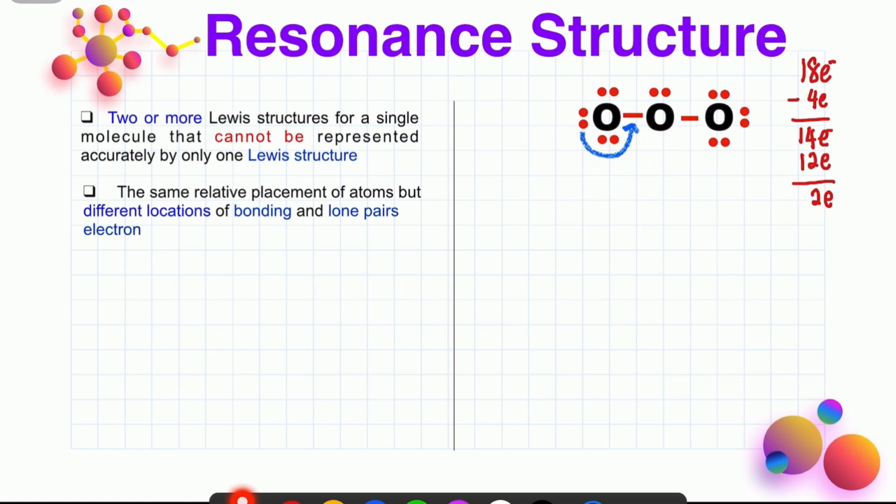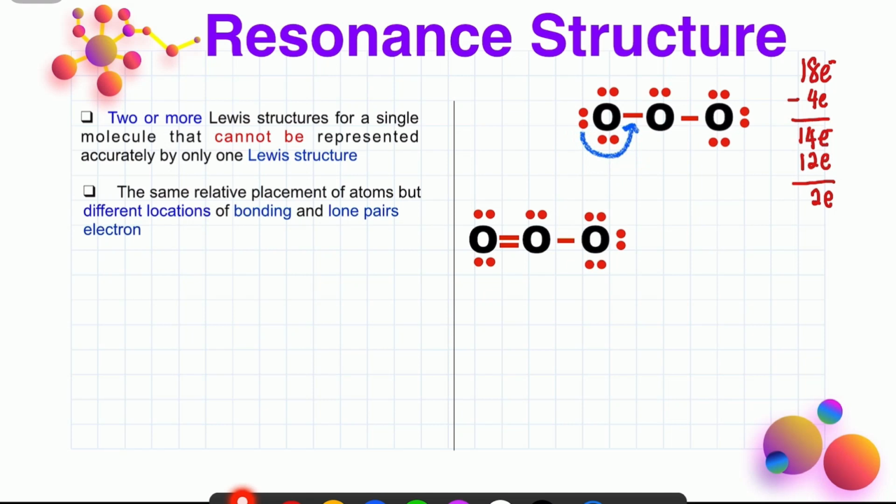So this terminal atom will use 2 lone pair electrons to form a bond with the center atom. This is the molecule formed when the oxygen shares its lone pair electrons.